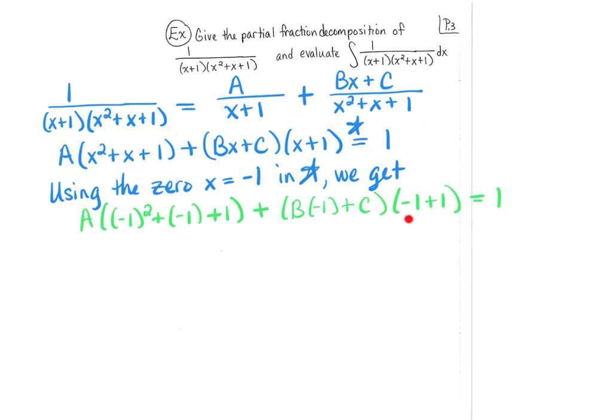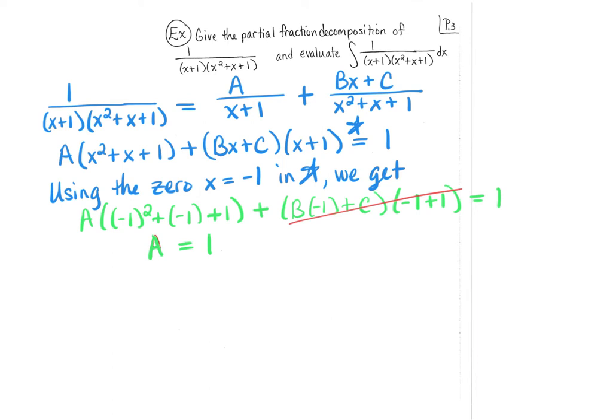Well, this is 0, so all of that just disappears, right? Because we're multiplying it by 0. Now we can simplify here. Negative 1 squared is 1. 1 minus 1 is 0. 0 plus 1 is 1. So we get a equals 1. So we found a.